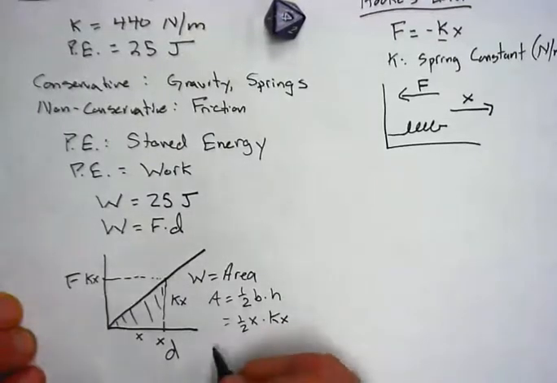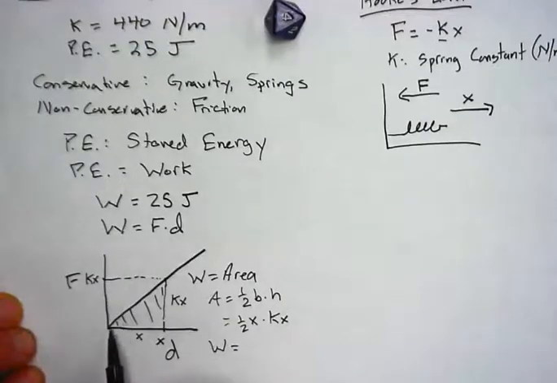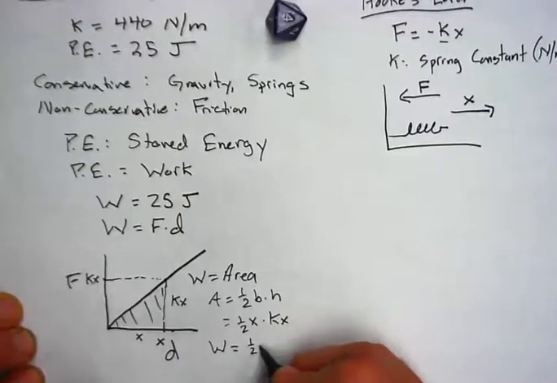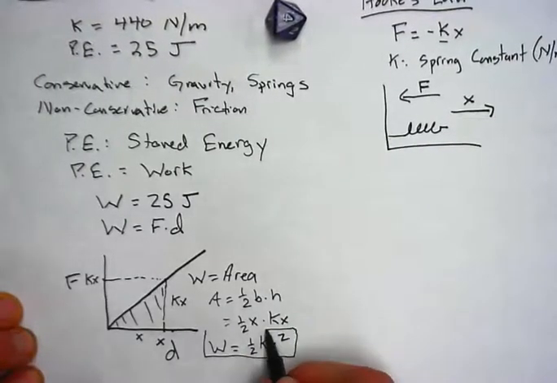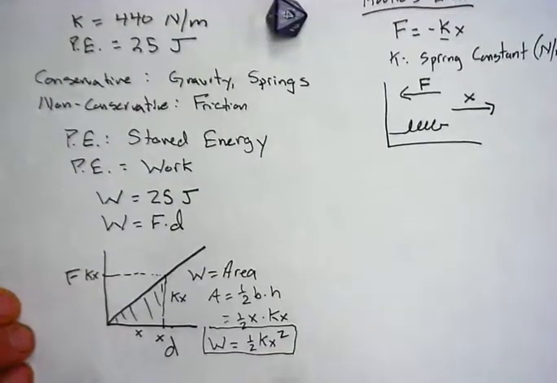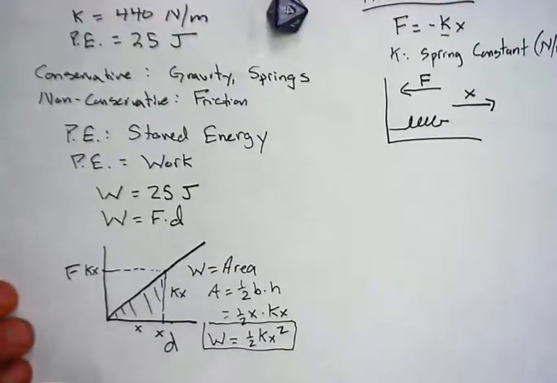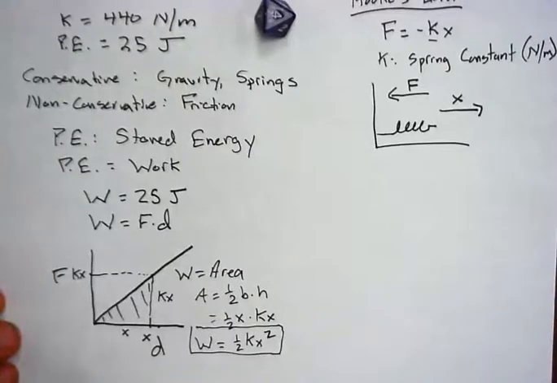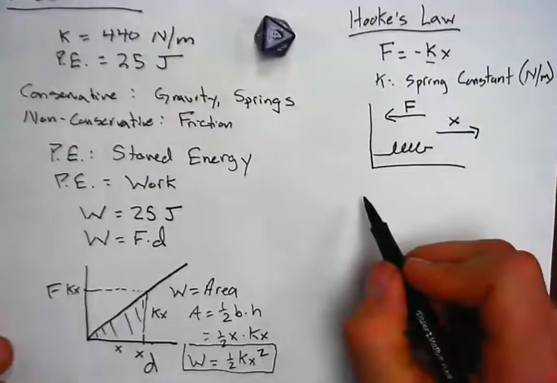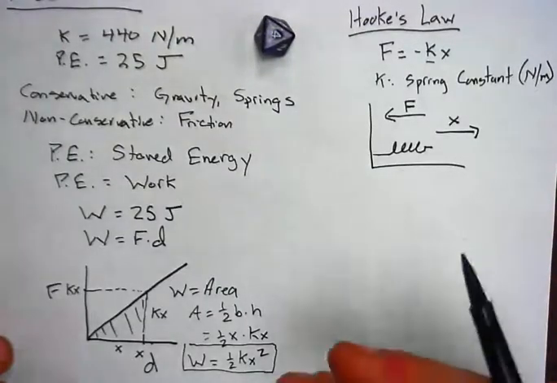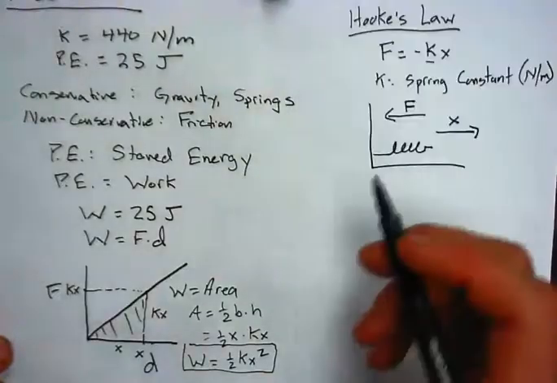So the work I've done in stretching a spring from the equilibrium position to a distance x is equal to 1/2 k x squared. That equation is actually on your equation sheet, I believe. So that's the work done to stretch a spring, and that is going to end up equaling our potential energy. Lots of background information here, but let's solve our problem finally once and for all.